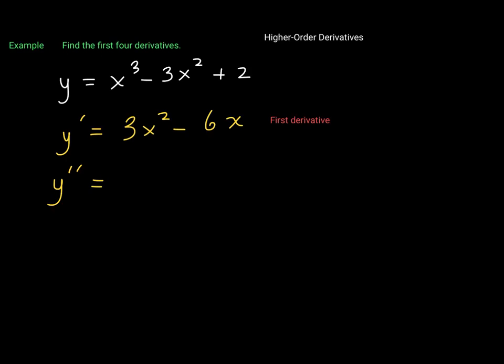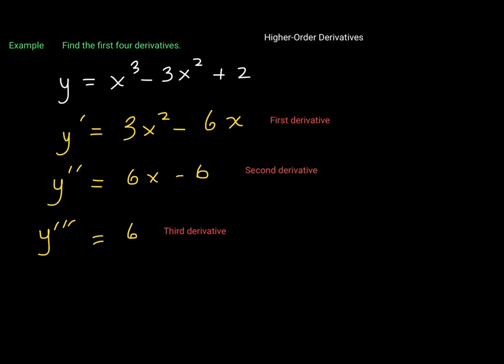So now we find the derivative of the first derivative. So then this is 6x minus 6. This is the second derivative. Now we want to find the third derivative, y triple prime, which is found by finding the derivative of the second derivative. And this is just 6. This is the third derivative.